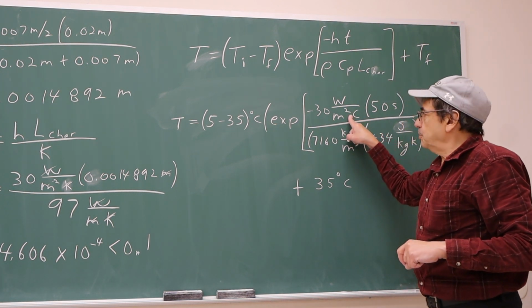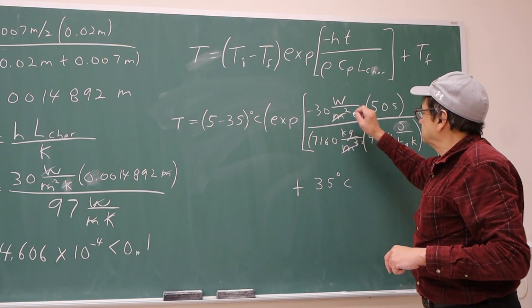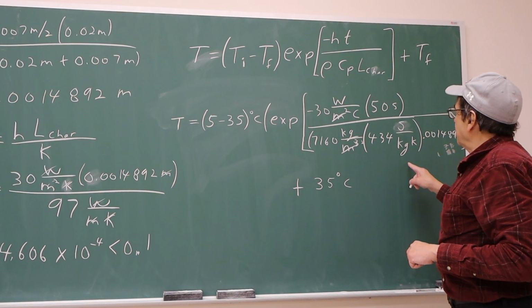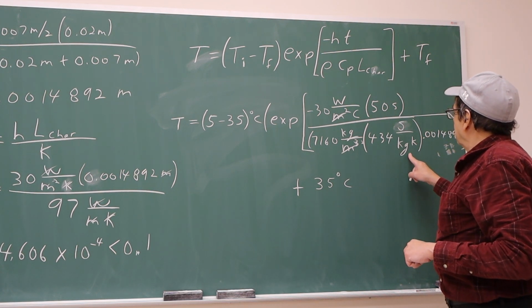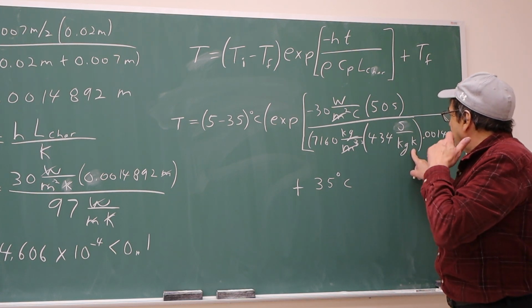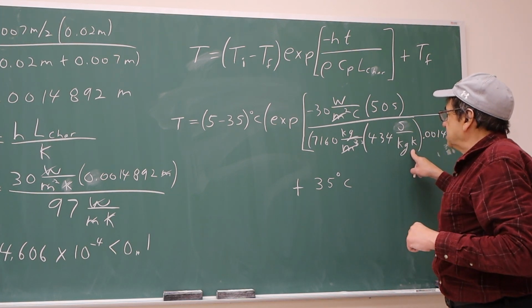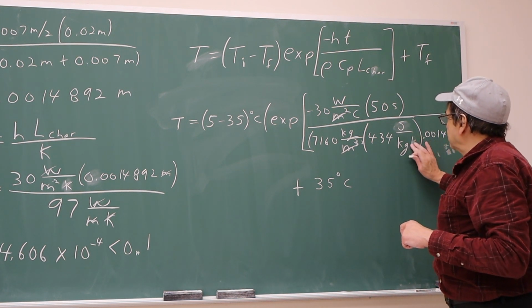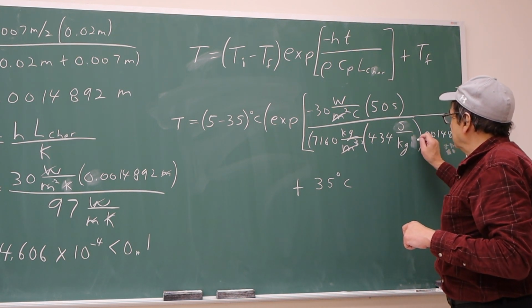That's going to cancel with this meter squared. Then, let's see, we have degrees K over here, but remember, we can use this C, again, we're dealing with differences, so this could be considered C.